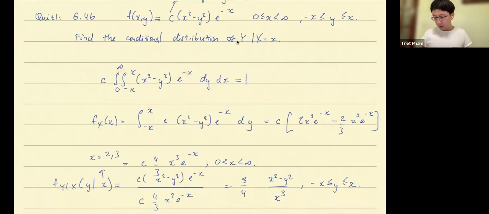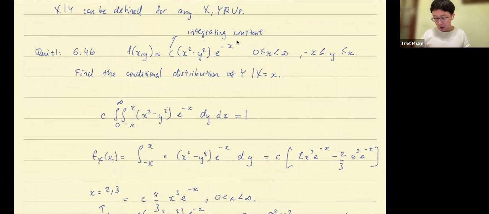But the theme is that when you do conditional distribution, then the undetermined integrating constant will wash out, and it will not show.